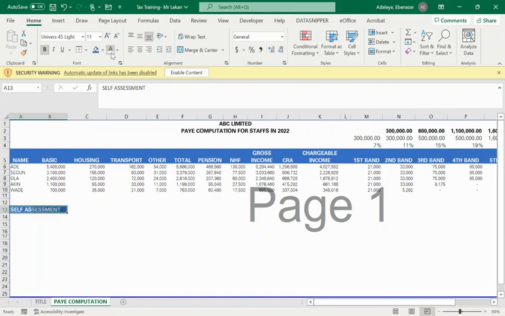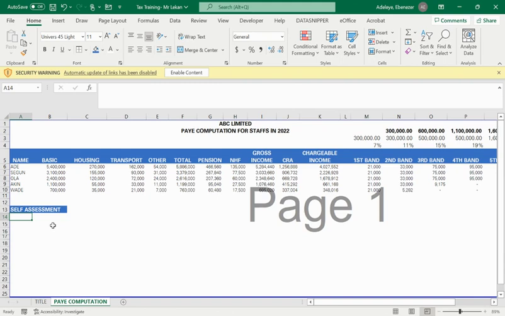Whatever it is, so long as he is an individual and a self-employed person and does not rank amongst the employees, the law requires that he or she files for self-assessment.